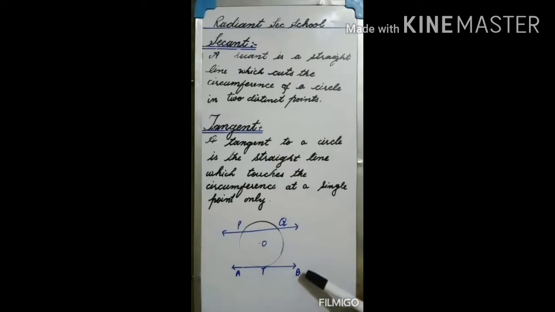Here, AB is the straight line and T is that single point which is common to the line and the circumference of the circle. Students, the name of this unit is also tangent to a circle.